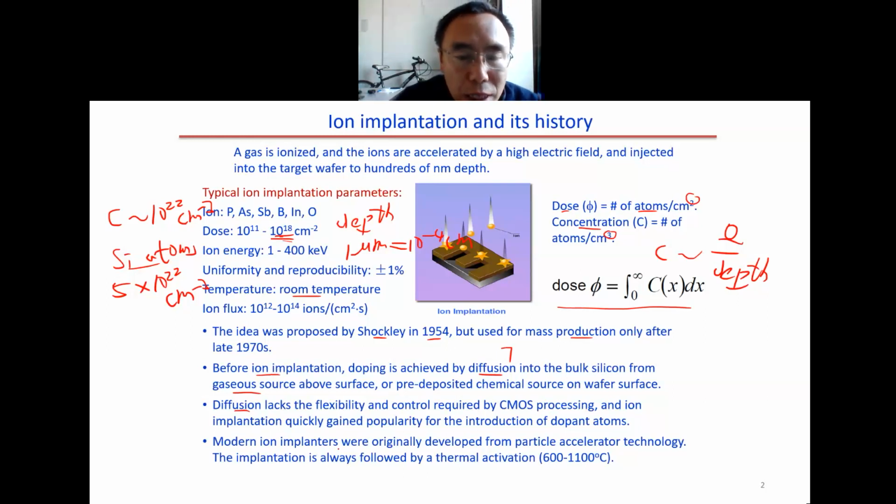Modern ion implanters were originally developed from particle accelerator technology. Implantation is always followed by a thermal activation process. This thermal activation has two purposes: one is to activate the dopant atoms, and the second is to repair the lattice damage.